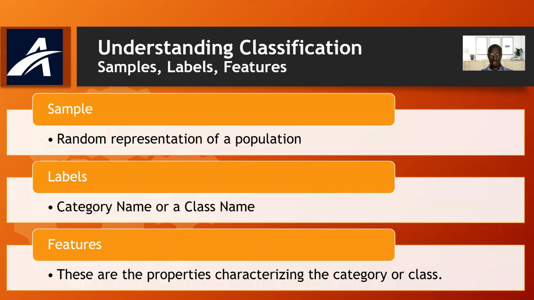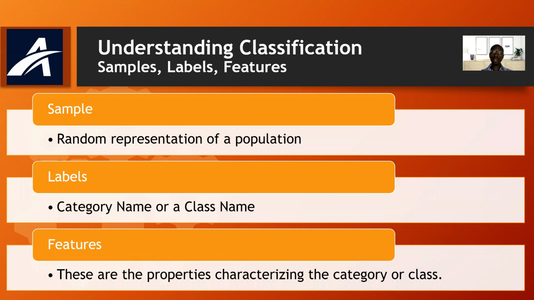Samples, labels, and features. A sample is basically a random representation of a population. The IRIS dataset is a dataset of flowers. We have 3 types of flowers, and these classes are called categories. The names of these classes are synonymous with the labels in the dataset. For instance, the name Setosa. Setosa is the name of a type of flower.